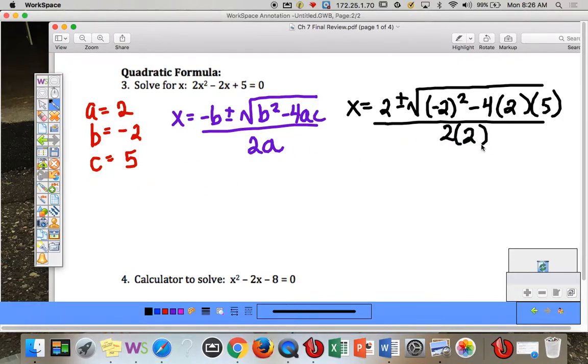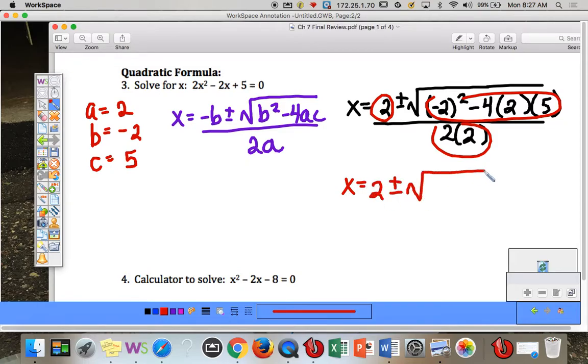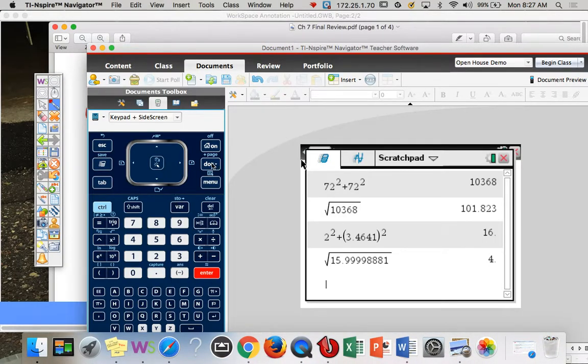Okay, so you plug in, and then you do want to calculate these three numbers separately to minimize any error. So we have x equals 2 plus or minus the square root of, and you would just type this in.